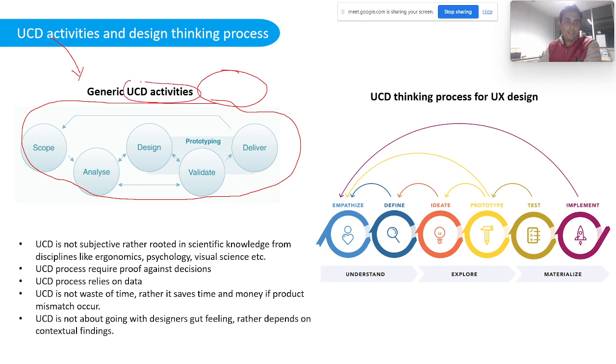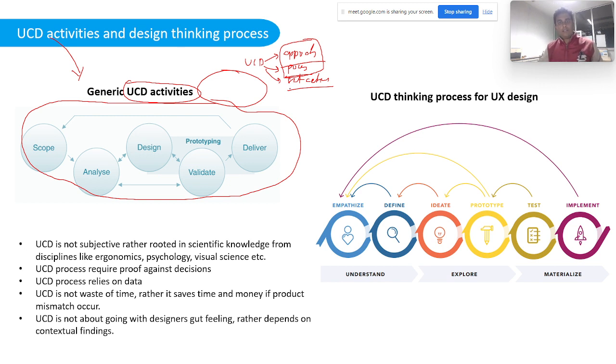Okay, so I have already discussed in the first two slides that UCD is an approach, it's a process, it's a set of activities. So far we discussed UCD as an approach and UCD as a process in our previous slides.